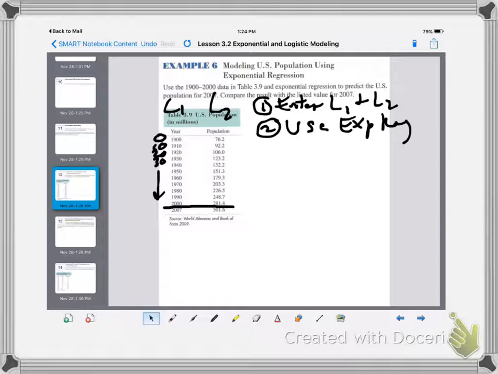Now, use EXP reg, which I believe is option 0 on your calculator. When you go to stat and then calc, you have to arrow all the way down, I think.